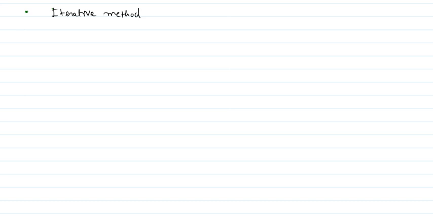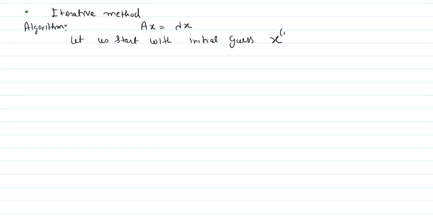So I am writing its algorithm. This is just based on the definition that we are using for eigenvalue, so Ax equal to lambda of x. Since we don't know x, we start with some initial guess of eigenvector, which I am writing x0.